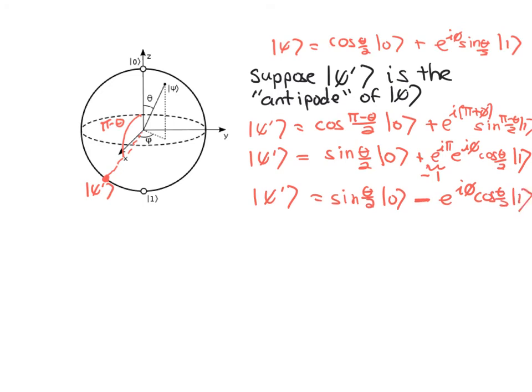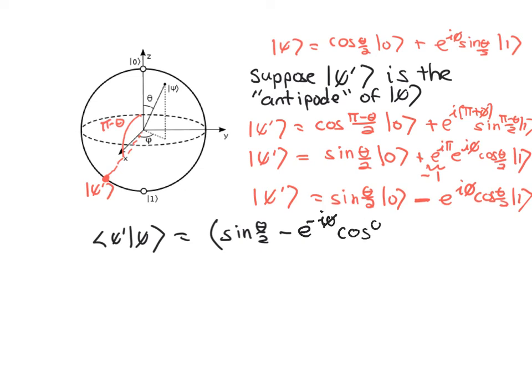So now it's easy to see that psi prime is orthogonal to psi, because if I calculate the inner product of psi prime and psi, I can write that as sine theta over 2, and then minus e to the minus i phi times cos theta over 2. Remember the rules: when you move something from a ket to a bra, this e to the i phi, it's a complex quantity, becomes an e to the minus i phi.